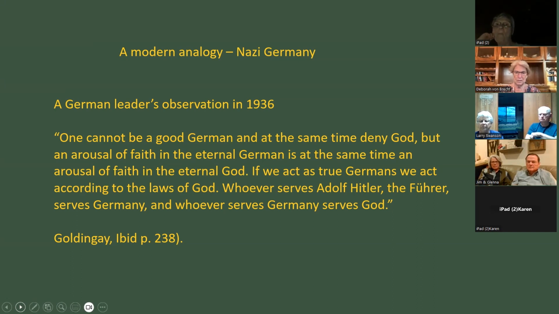They were co-opted, they accommodated, and this statement gives a sense of what happened to the church. What really becomes more important is this German spirit that gets identified with the Christian spirit. And we know how that turned out.